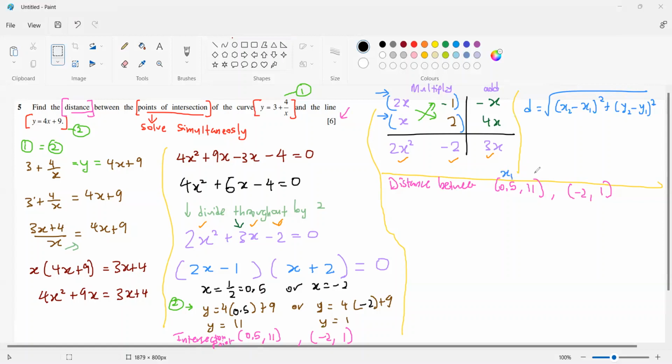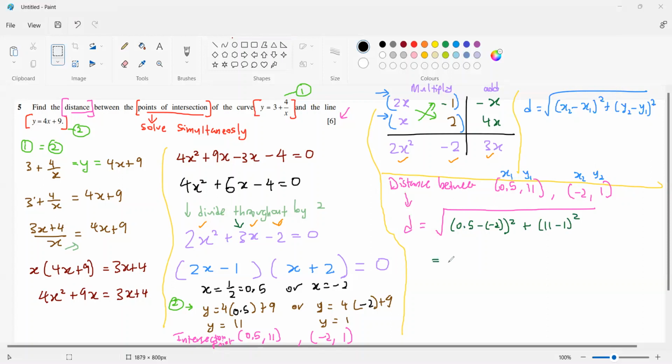So this is, let's say, x1, this is x2, this is y1, accordingly y2, the indices are based on that. Let's compute this. So distance d, just use a symbol, even if you didn't write the symbol, still correct. So it's going to be 0.5 minus the -2, whole thing squared, plus 11 minus 1, whole thing squared.